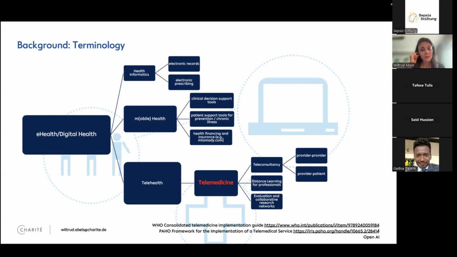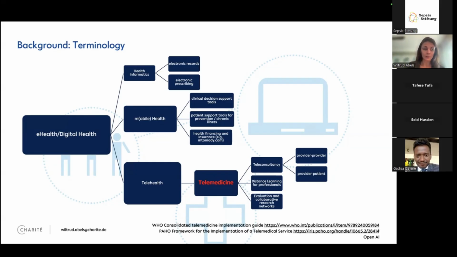When I talk today about telemedicine, then I am talking about the use of information and communication technologies used by healthcare professionals in direct patient care or to support or augment direct care processes. This is the narrower definition of telemedicine in accordance with the WHO Consolidated Telemedicine Implementation Guide.